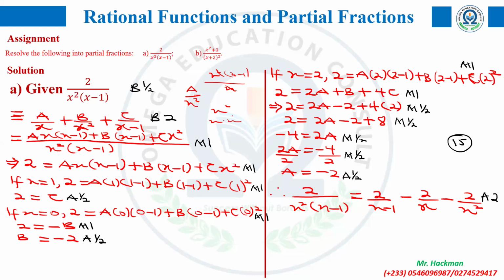Mr. Hackman, please, is there a situation where the identities are all negative? Yes, and very soon you'll see one. Are you talking about the identity or all the terms in the identity? All the terms. Yes, you can.